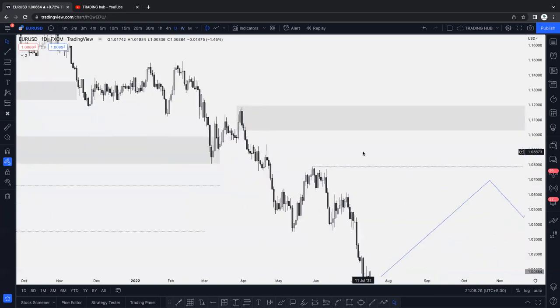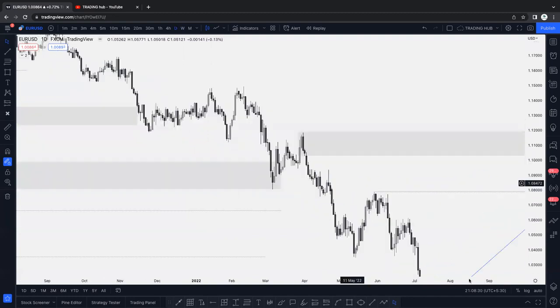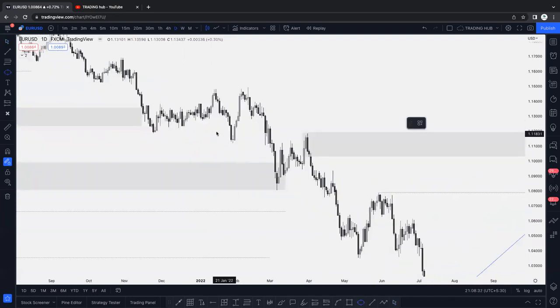In a daily perspective, the market is also bearish and creating lower lows. You can see if I mark here the most recent high or low, which is here. In this zone, there is nothing here.